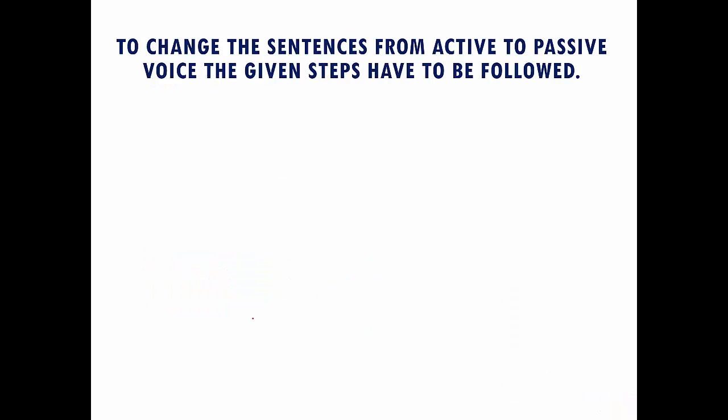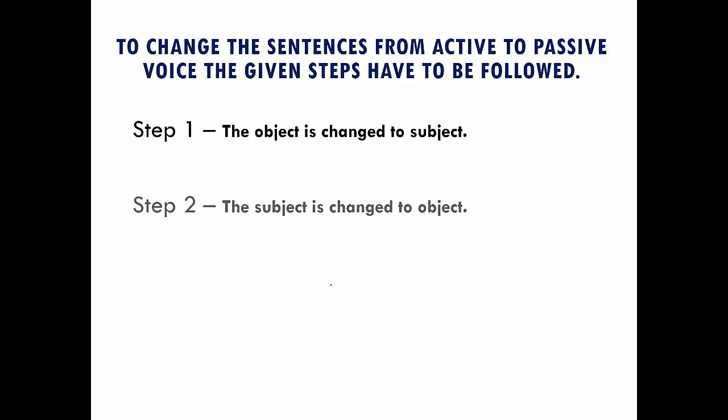Now, how do you change the sentences from active to passive voice? For this, you have to be really very thorough with your tenses. We will go stepwise so you have detailed information on how to change the sentences from active to passive voice. Step 1, the object has to be changed to subject.